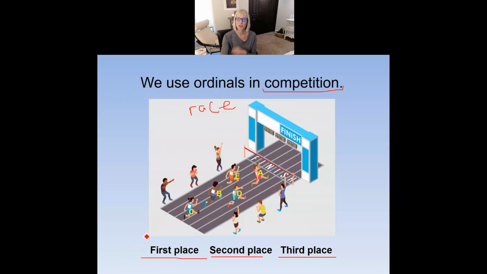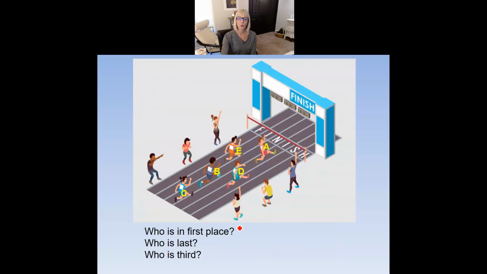Who is first in this picture? A is first. Who is second? E is second. And who is third? D is third. So, who is in first place? A is in first place. Who is last?